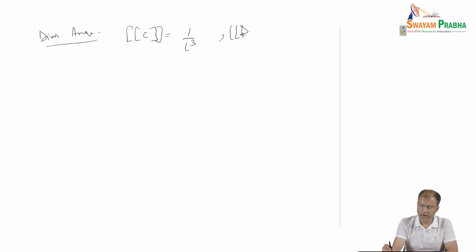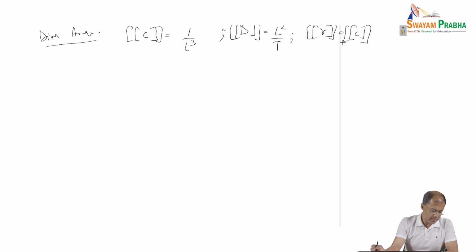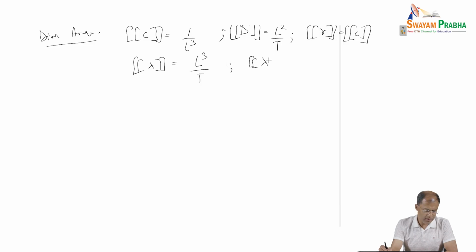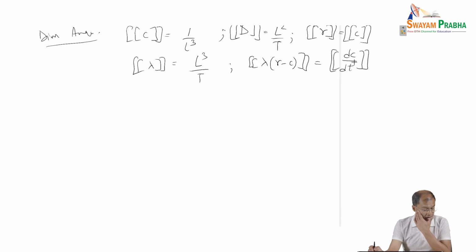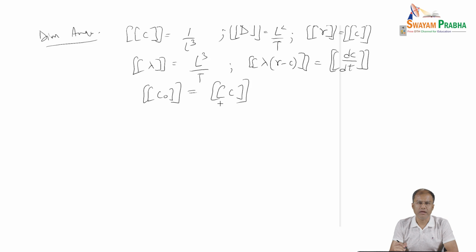The dimension of the diffusivity D is L square by T, and the dimension of gamma is the dimension of C, and the dimension of lambda is L cube by T, and similarly the dimension of lambda times (gamma minus C) is dC by dt, right? And of course the initial condition C naught, it's just concentration, will have the same dimension as C.